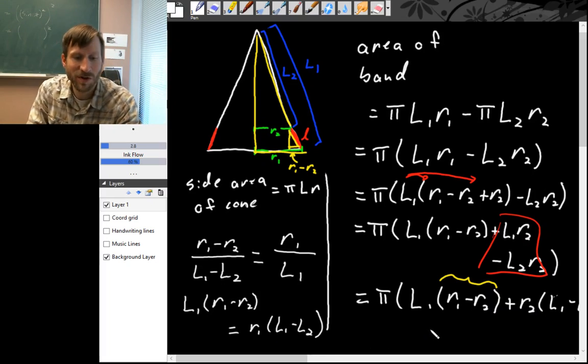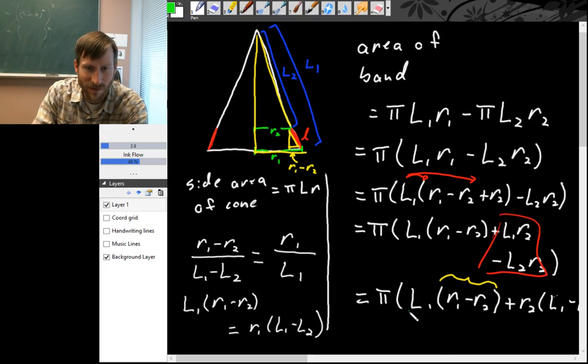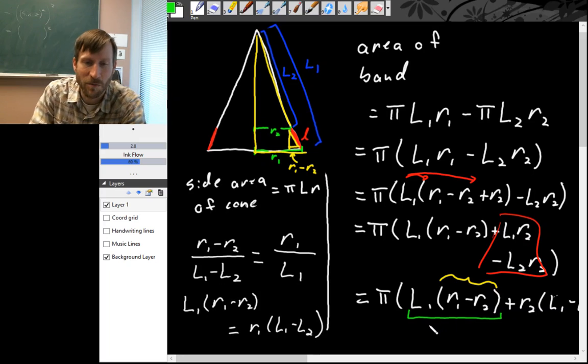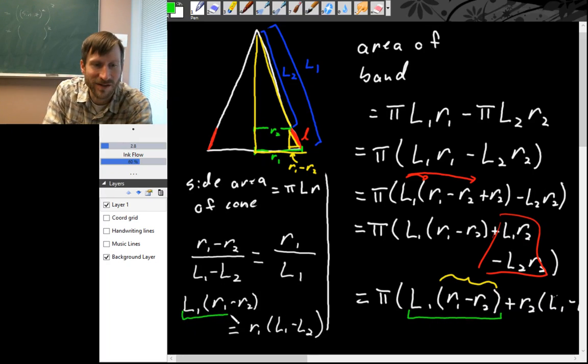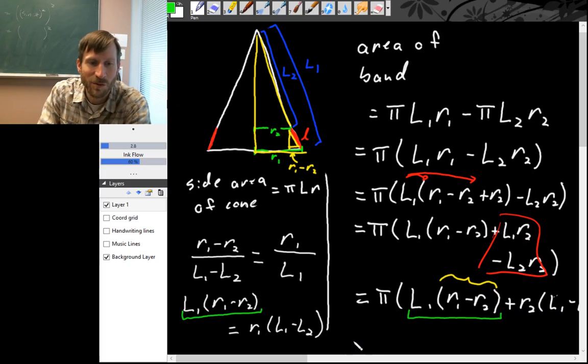So what this is showing us is that over here in our expression for the area of the band, L1 times R1 minus R2, that's in our similar triangles equation, we can replace that with the other side of our similar triangles equation.